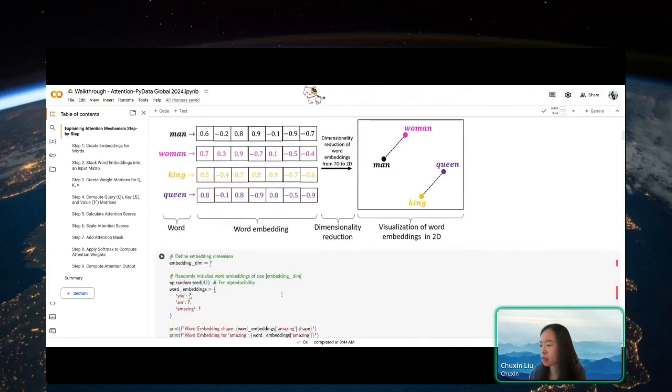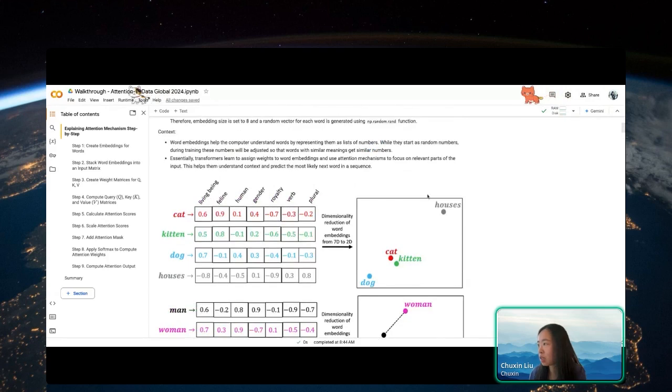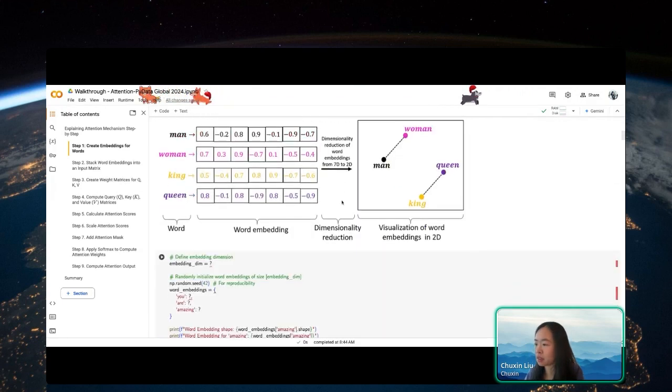Okay, so that comes to our first exercise. We want to use a function called numpy.random.rand. Feel free to use ChatGPT for help if you need. Basically, we use this function to generate a vector with random numbers with a length of 8.